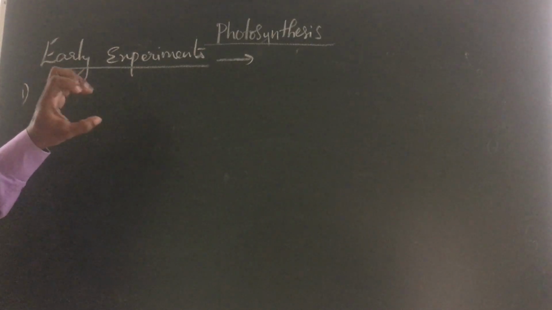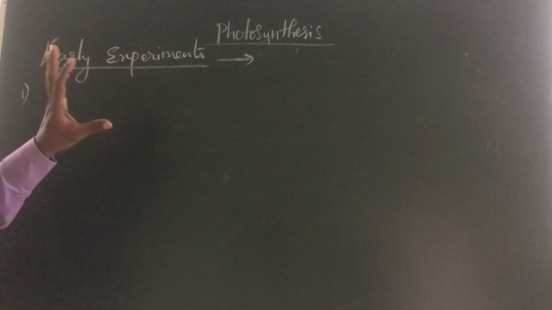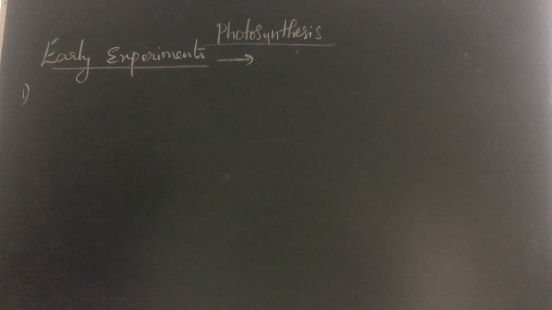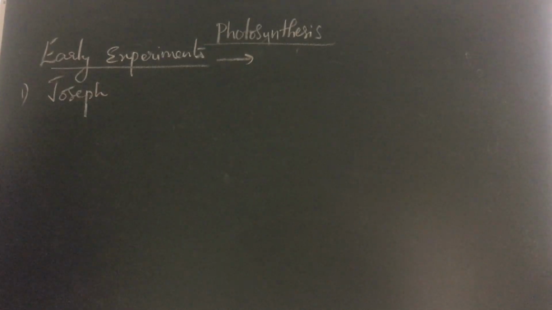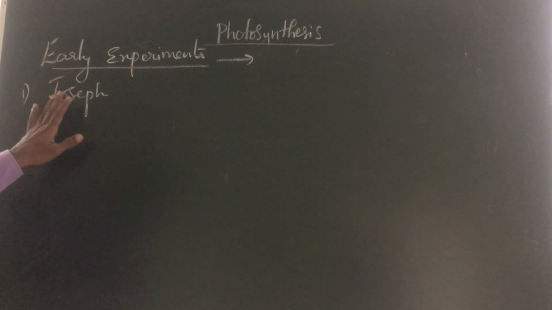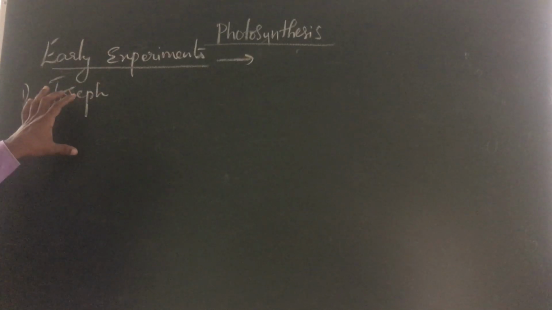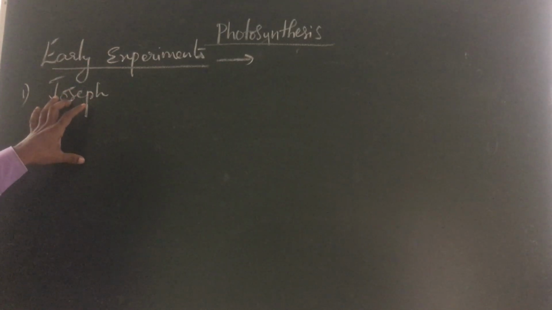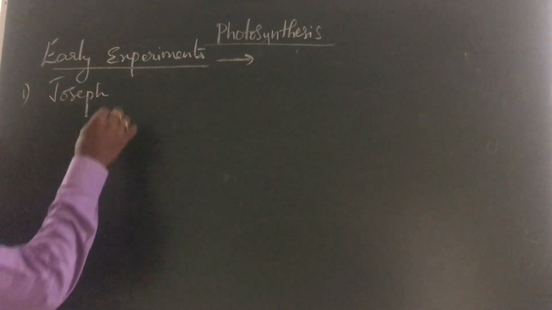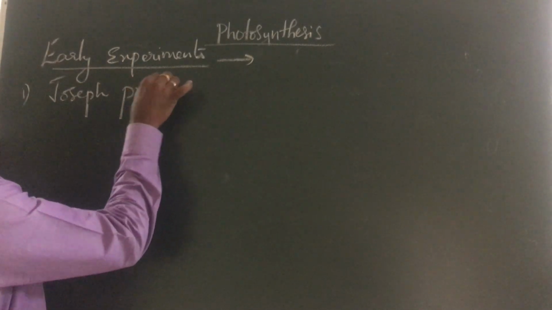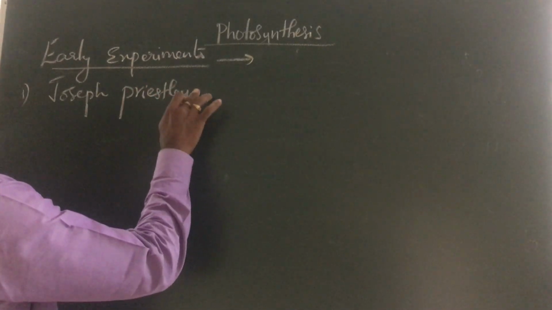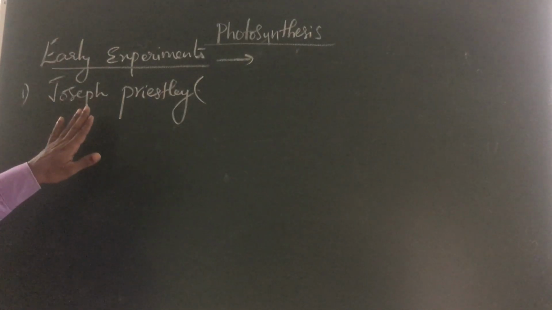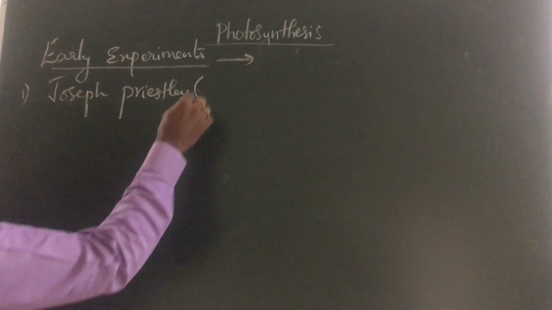So this is Aristotle. He first defined something regarding this. Then Joseph Priestley, the scientist, a different scientist who has done these experiments for photosynthesis. Joseph Priestley, the period of 1733 to 1804.